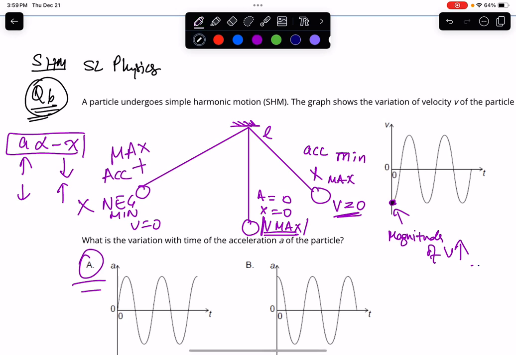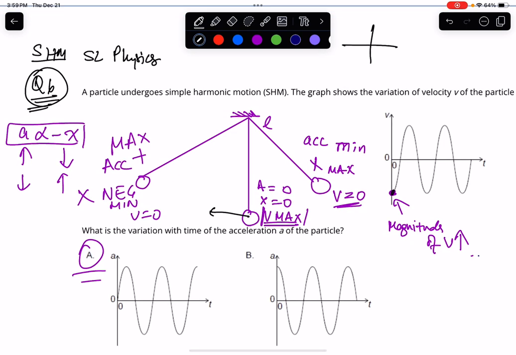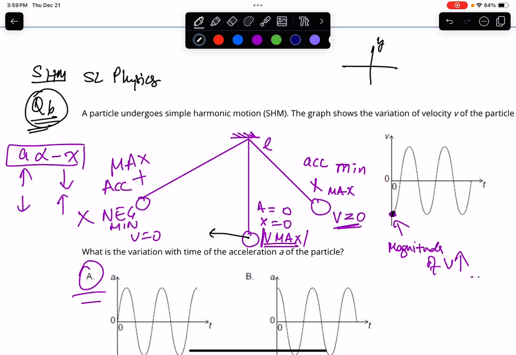Now, because this velocity is negative, we know that the object is going to the left. So you draw your axes over here, y, x, negative y. And so because the velocity is negative, the object should be going to the left. Okay?